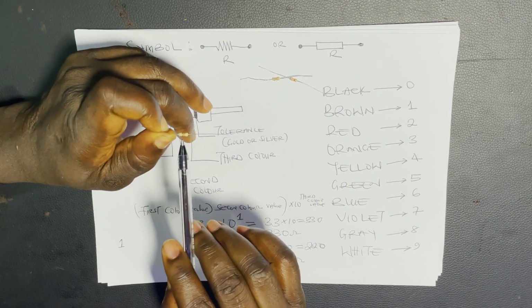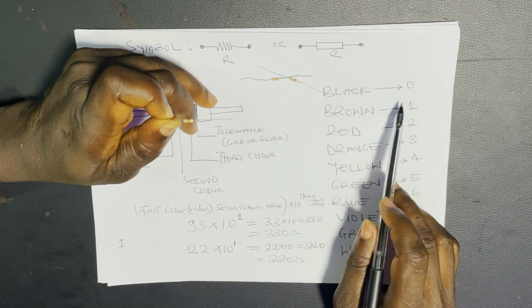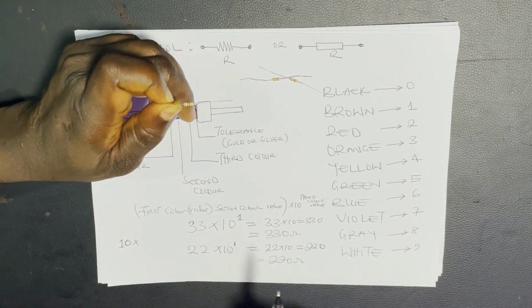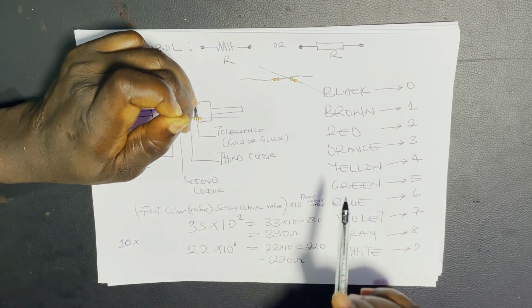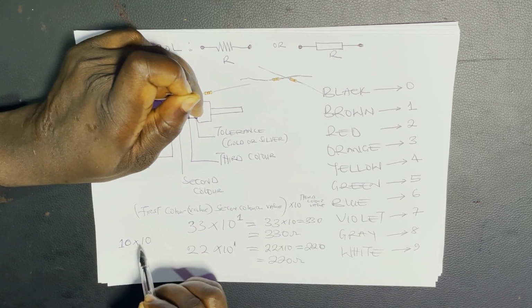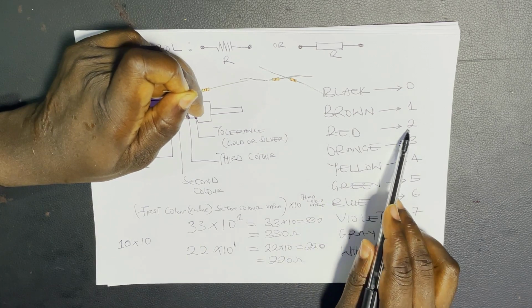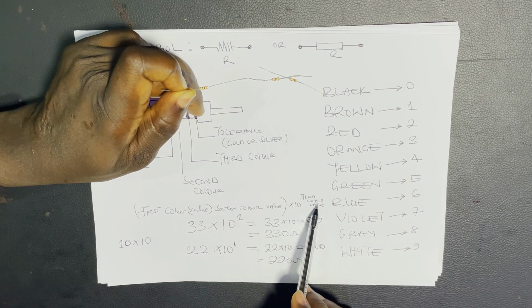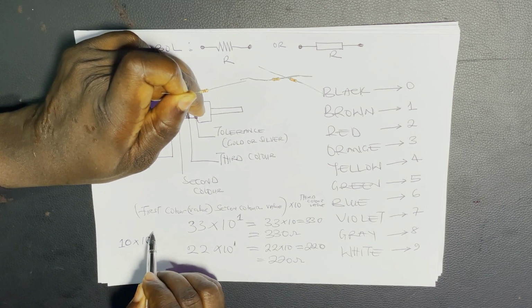Then the second color is black, and the value assigned to black is 0. So we put 0, times. The third color is red, so we'll put times 10 raised to the power of the value of red, which is 2.